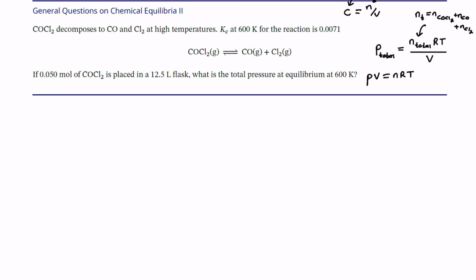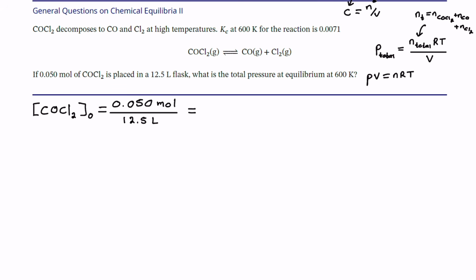So let's start. We're told we place a certain amount of carbonyl chloride in the flask, and then we allow the system to reach equilibrium. We don't place any of the products in there, so we only start with the carbonyl chloride, which is 0.050 mole divided by 12.5 liter, right?